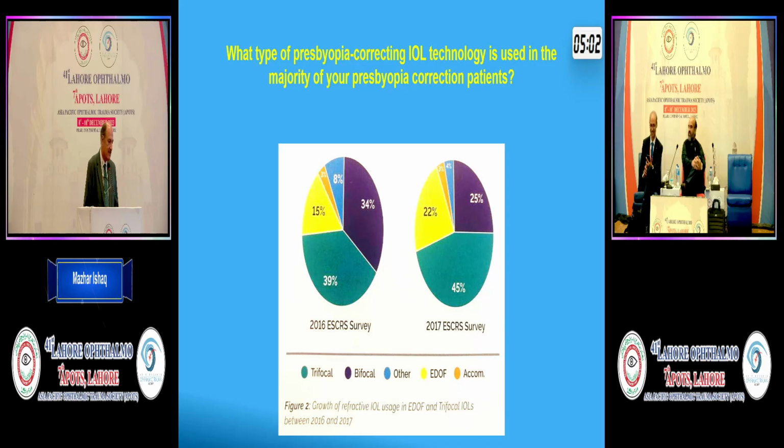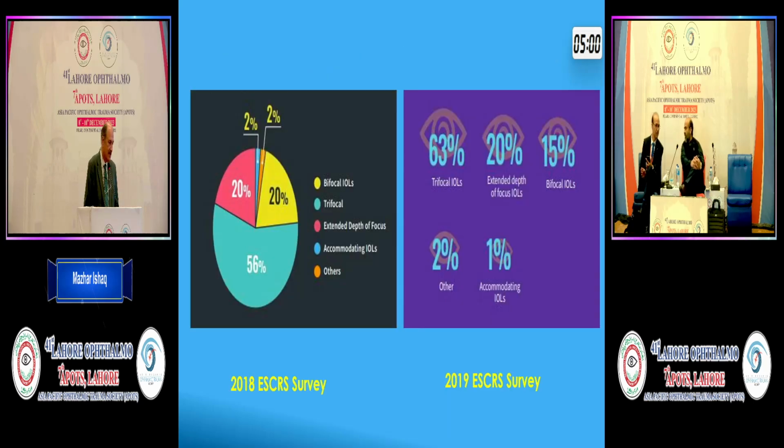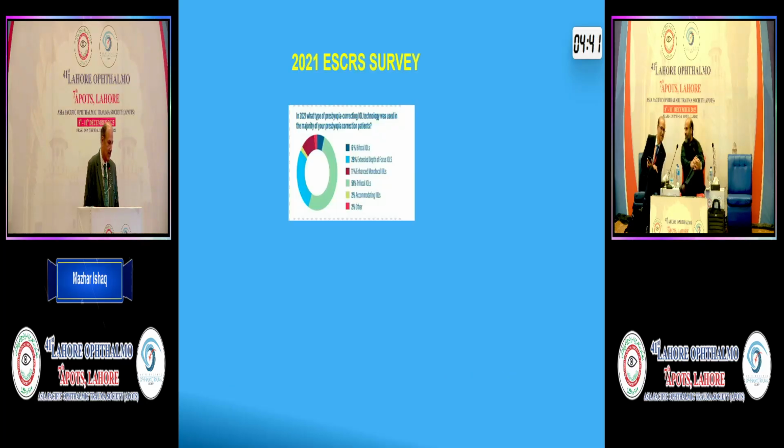In 2017, they reached 45%, and in 2018, 56%. But in 2019, they again increased to 63%. So if I recap, in 2019, 63% of premium IOLs were trifocals, EDOF about 20%, and the rest were very minimal lenses.